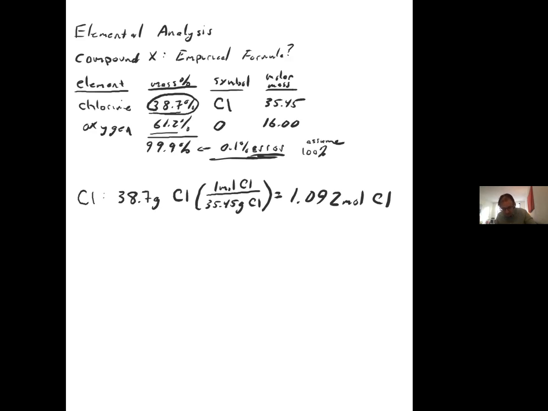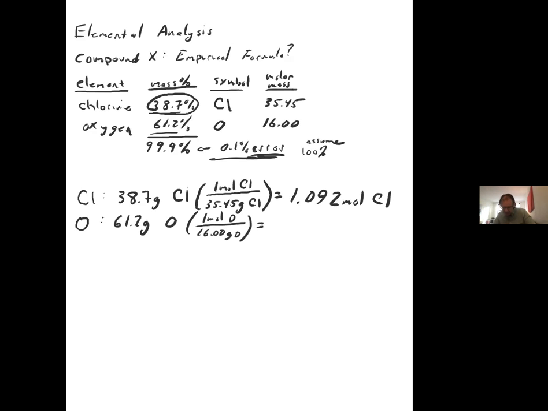And then you do the same thing for the second element. If you have 3 or 4 or 5 or 6 elements, you just do the same thing for each of them. Get the number of moles of all of them. So oxygen, 61.2. 1 mole of oxygen, 16.000. Okay.